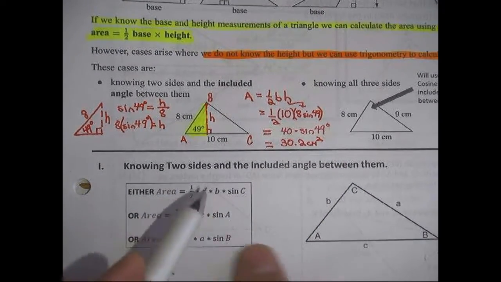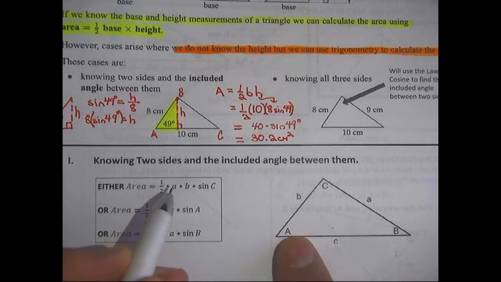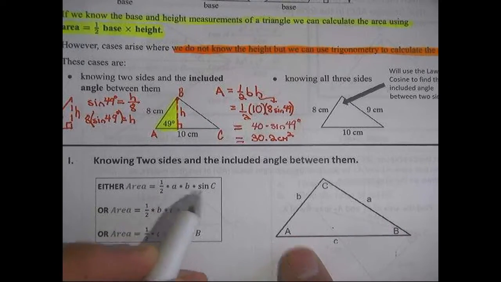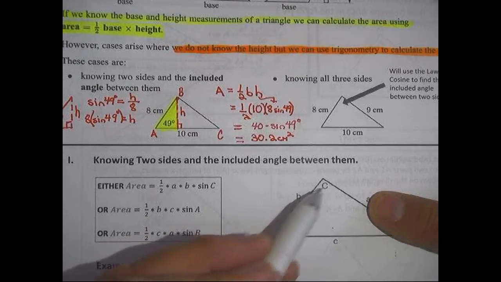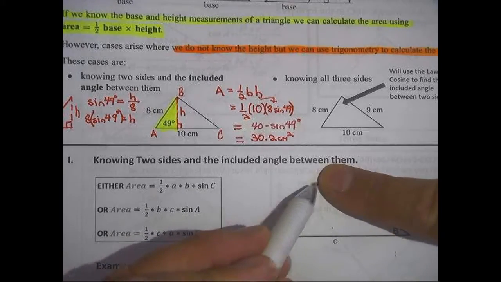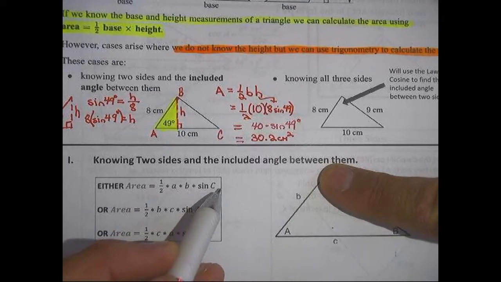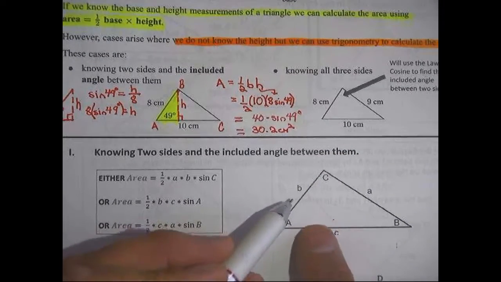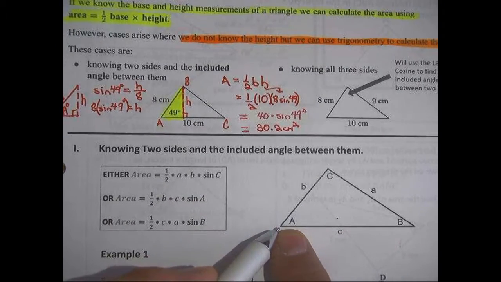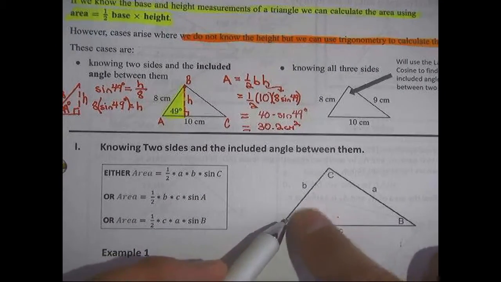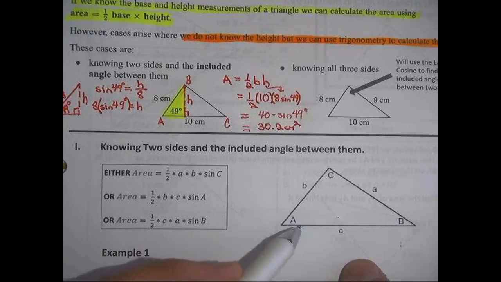Okay, if I take the sides A and B right here, notice this is the angle that's sandwiched in between them. That's my area. Or if I knew these two sides, I'd go 1/2 B times C times the sine of the angle that's in between them.